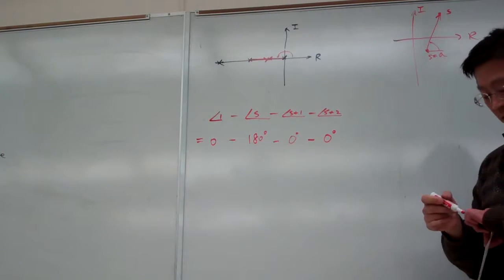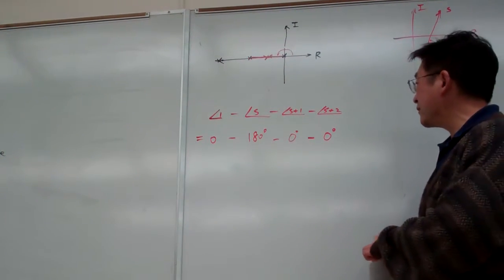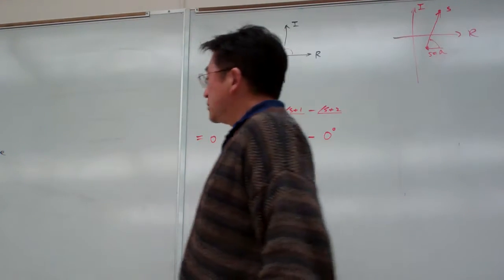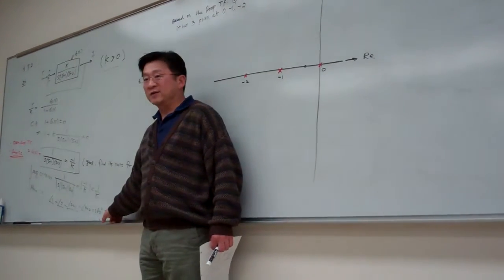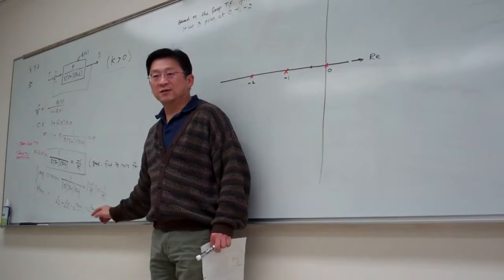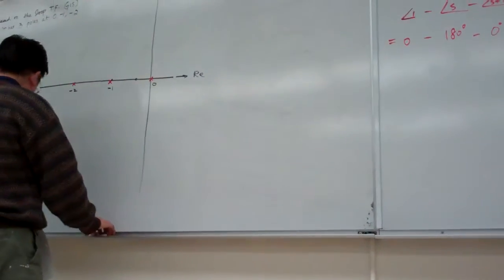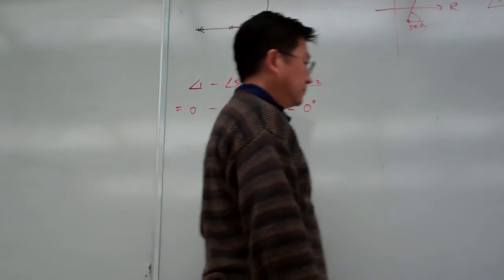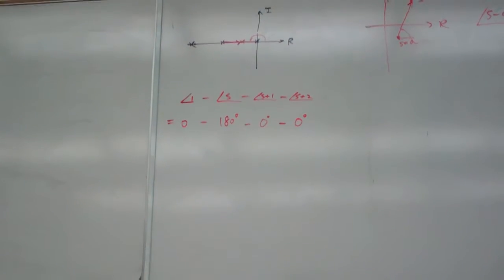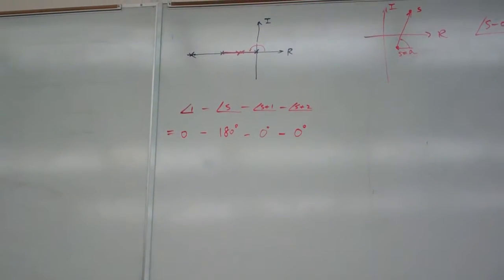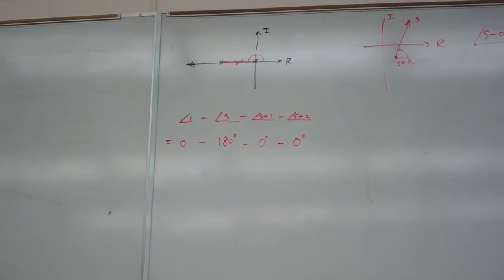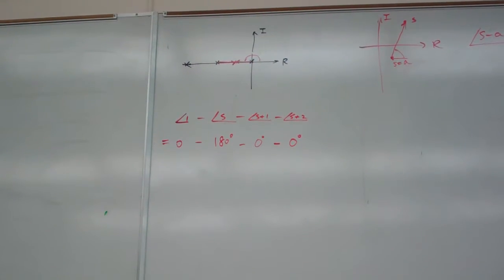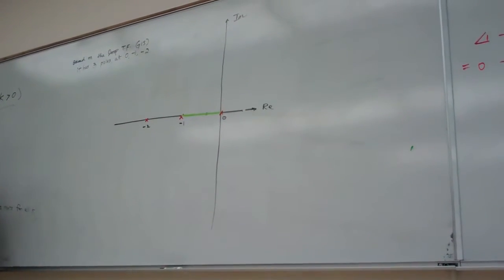So the value is minus 180, and this result fits, since taking l equal to minus 1 gives minus 180. Which means any point in between this segment will make up the root locus.